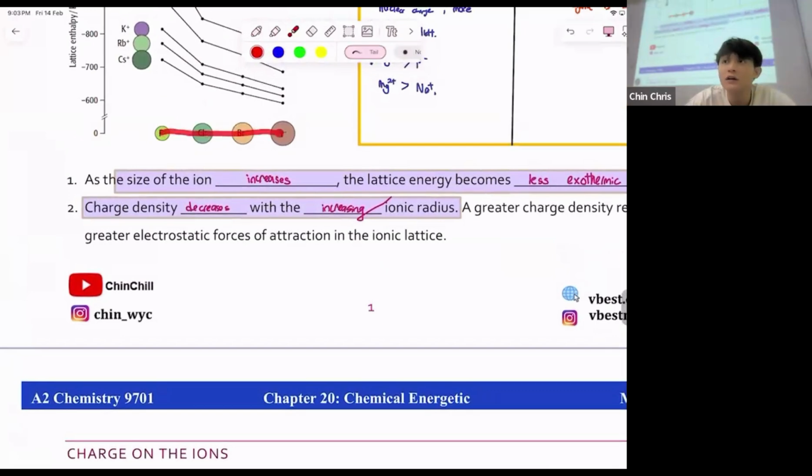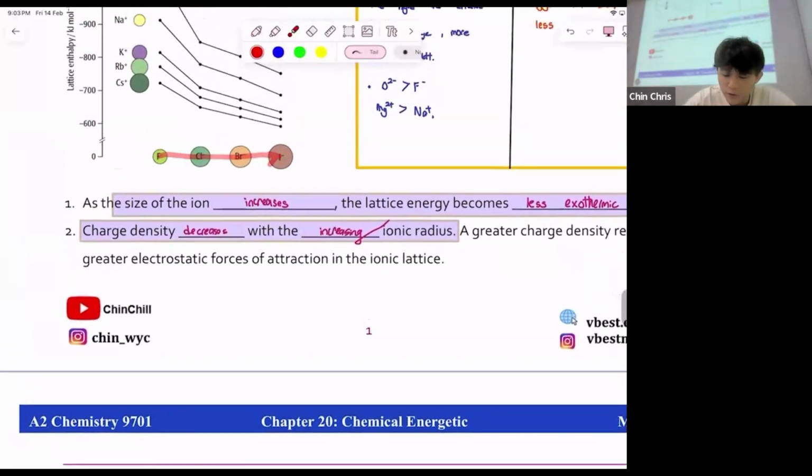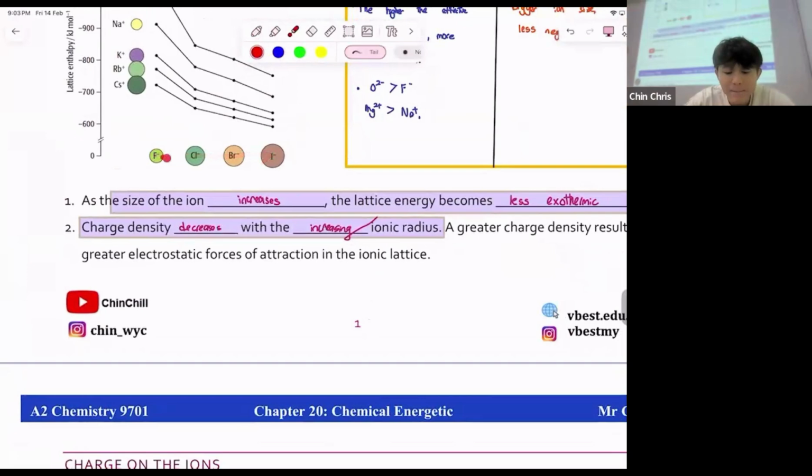If you have a bigger and bigger ionic radius, what happened to the charge density? What is charge density again? It's the charge over the size, right?